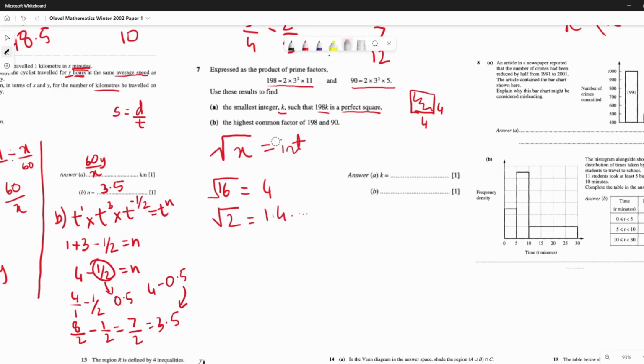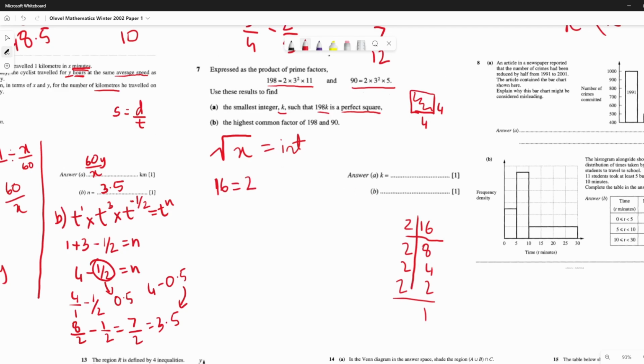But what we basically want is a number that gives us an integer when we take the square root of it. So let's use 16 to further figure out how this could be. If we express 16 as its prime factors like they have done here, we have a 2, that makes 8, another 2, that makes a 4, then another 2, makes a 2, and finally a 2, which leaves 1.